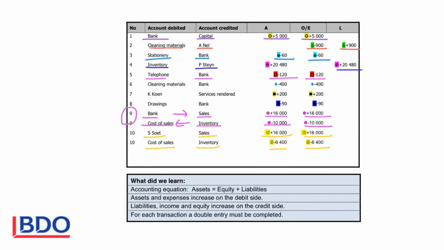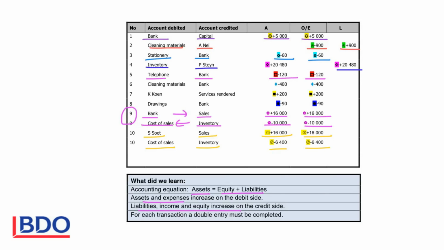According to the accounting equation, assets equals equity plus liabilities. Assets and expenses always increase on the debit side. Liabilities, income, and equity always increase on the credit side.